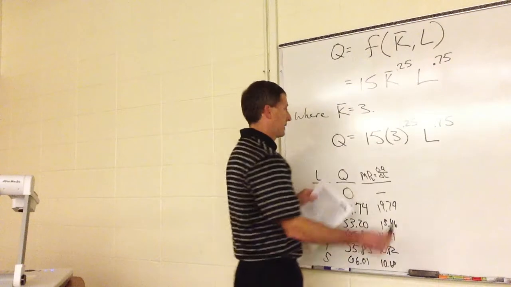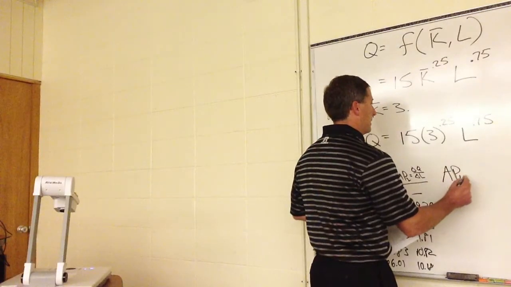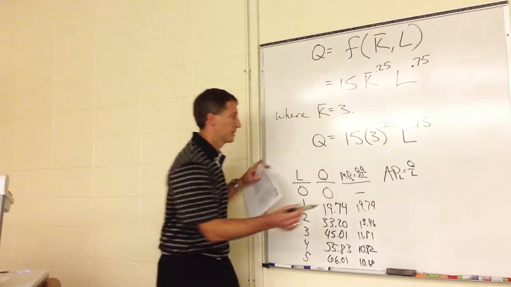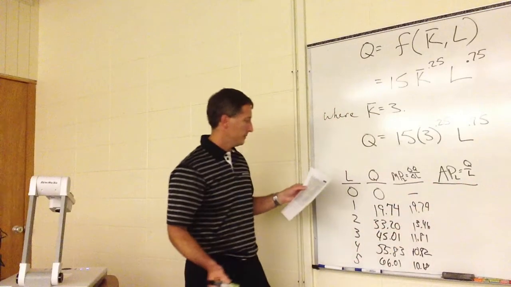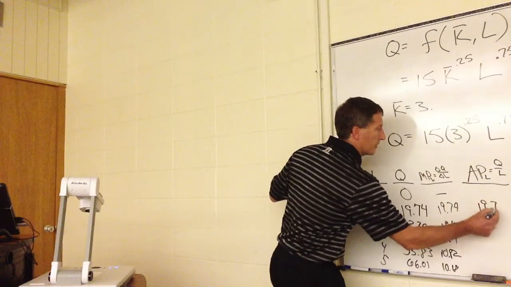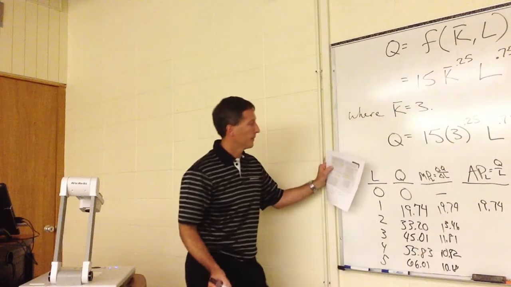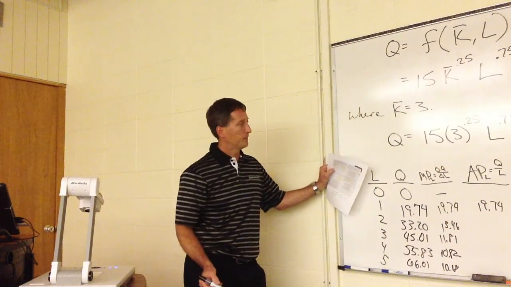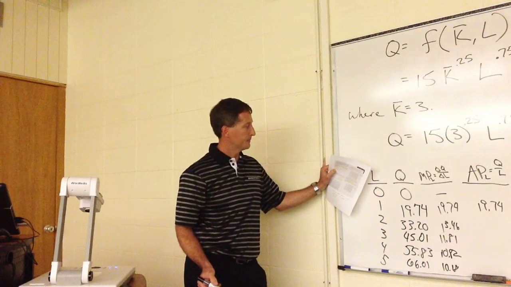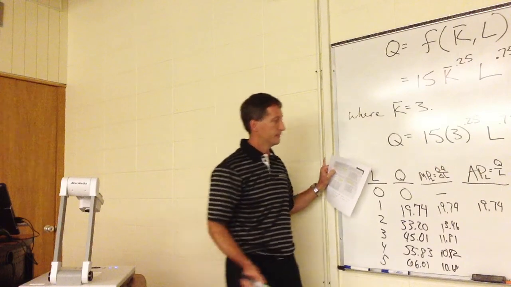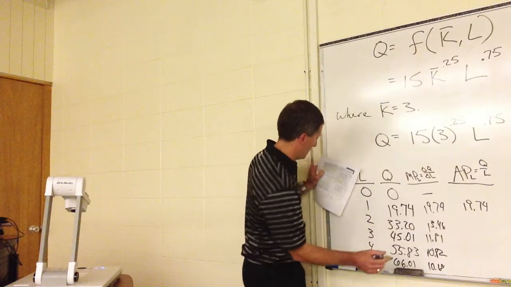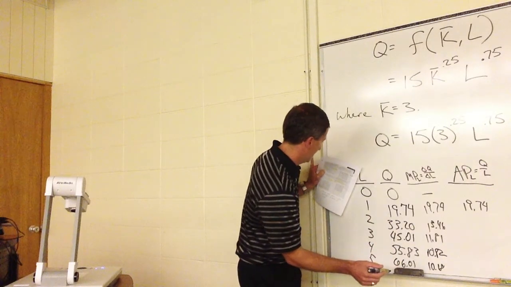Calculate the average product. The average product of labor is the quantity divided by the units of labor, no deltas. And we get 19.74. What else? Everybody do their number. 2.036.